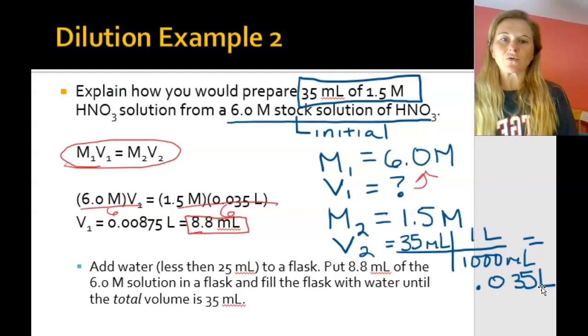We would use a graduated cylinder to measure out 8.8 milliliters of that stock solution of nitric acid. And then we would bring it up to 0.035 liters, or 35 milliliters, total volume.